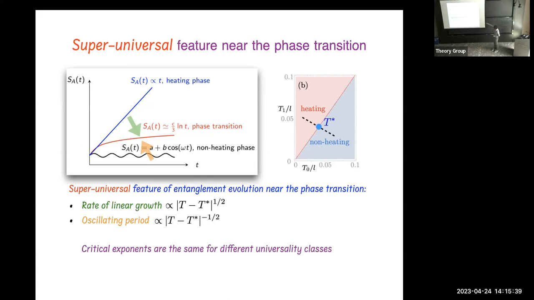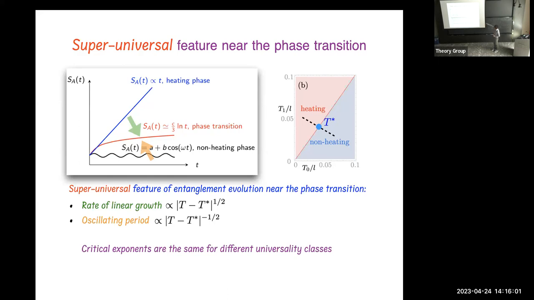If we go from the heating phase to the phase transition, we change the parameter T close to T star. T star is where a phase transition happens. So the rate of the linear growth will, depending on this external parameter, scale in this way.